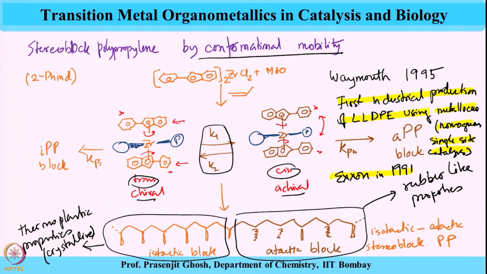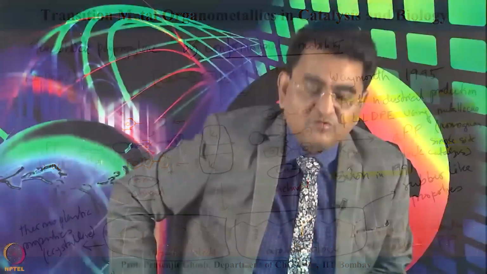There are further modifications, for example, Elf Atochem in 1999 used a metallocene catalyst anchored onto a heterogeneous surface bed for polymerizing olefin, and this is the case where a homogeneous catalyst has been heterogenized for industrial scale production.